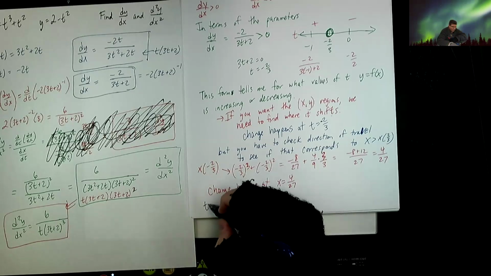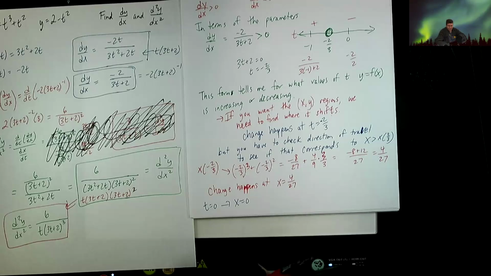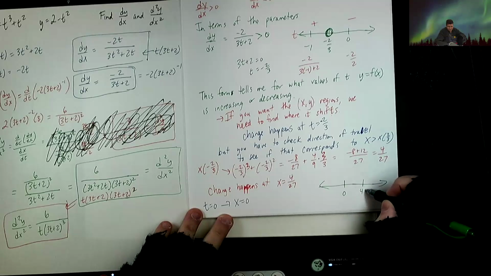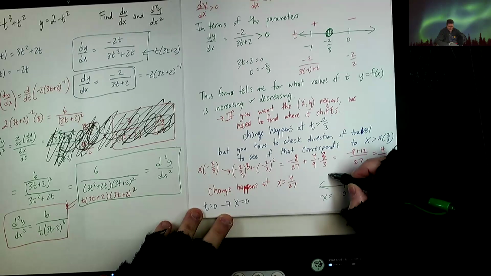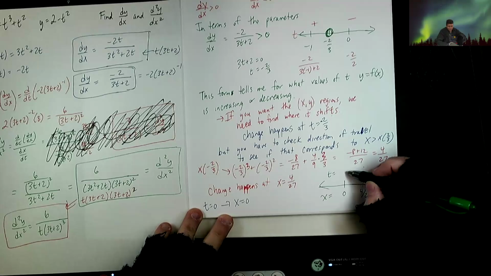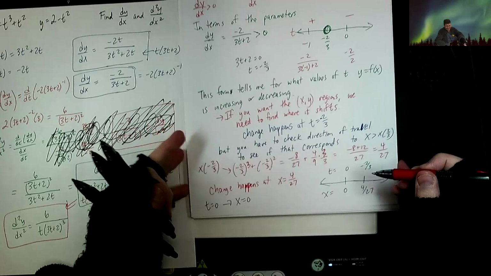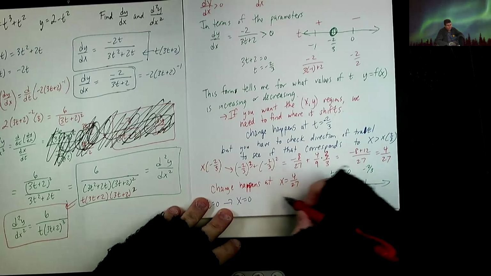When t is 0, x is 0, which just happens to be to the left. So this is x down here and t up here. So it looks like as t increases, x goes down.